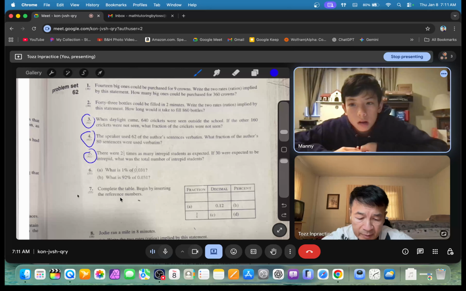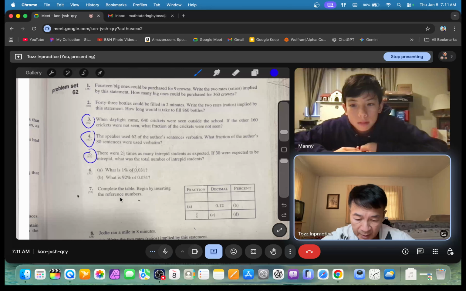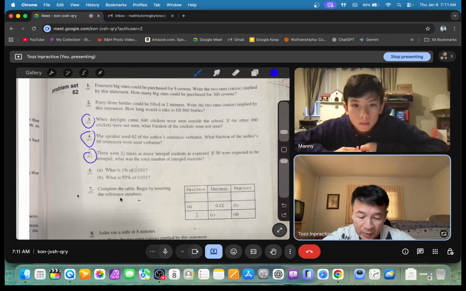I think the way they're trying to describe it is, if the other 160 crickets were not seen, the other crickets were not seen. You might be thinking, isn't that the answer? No. What fraction?